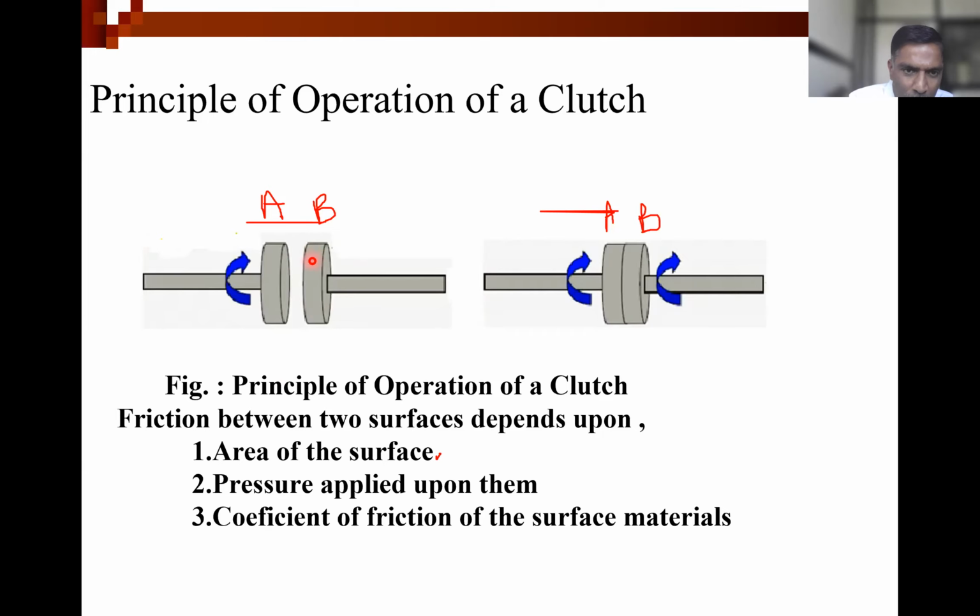As this friction plate is in contact with the flywheel, based on the area of the surface on which friction lining is provided, the torque transmission capacity is going to be decided, or how much pressure is applied on them.